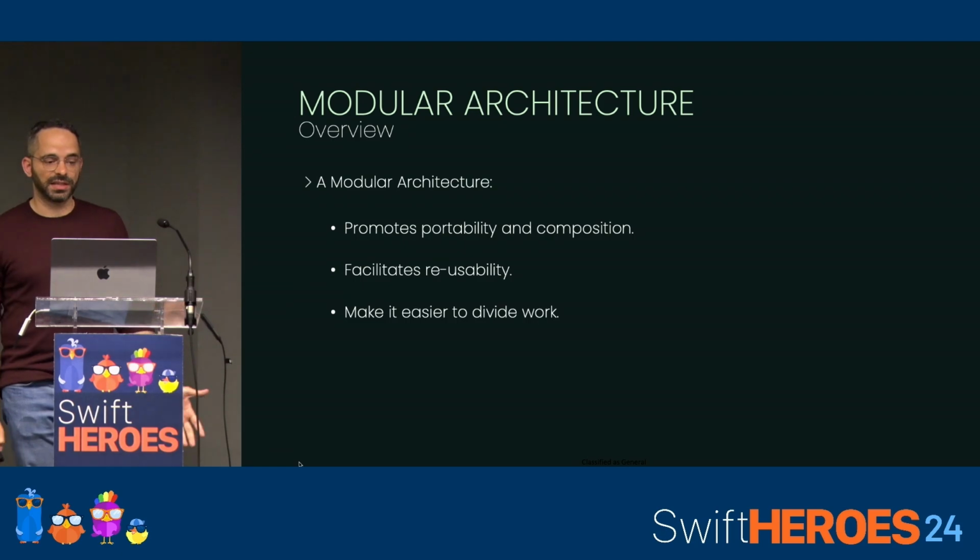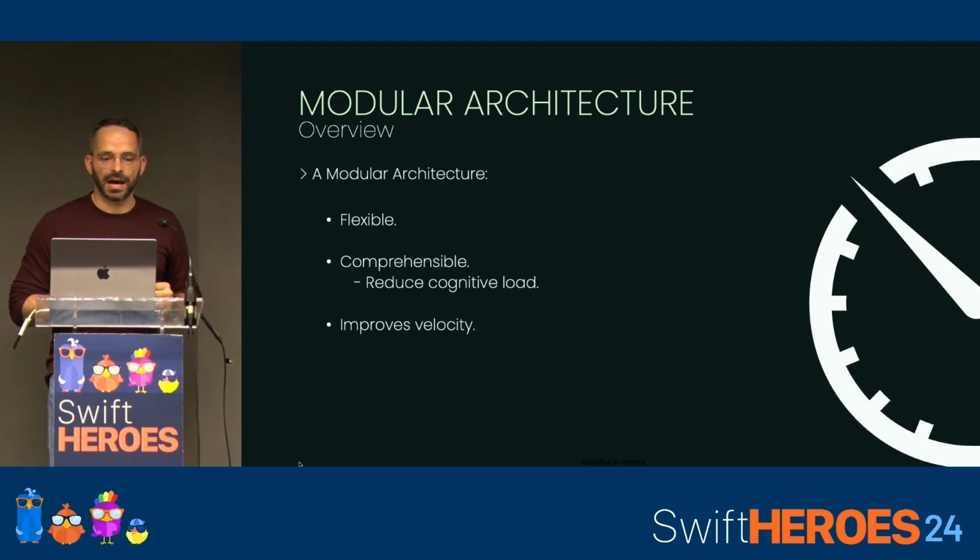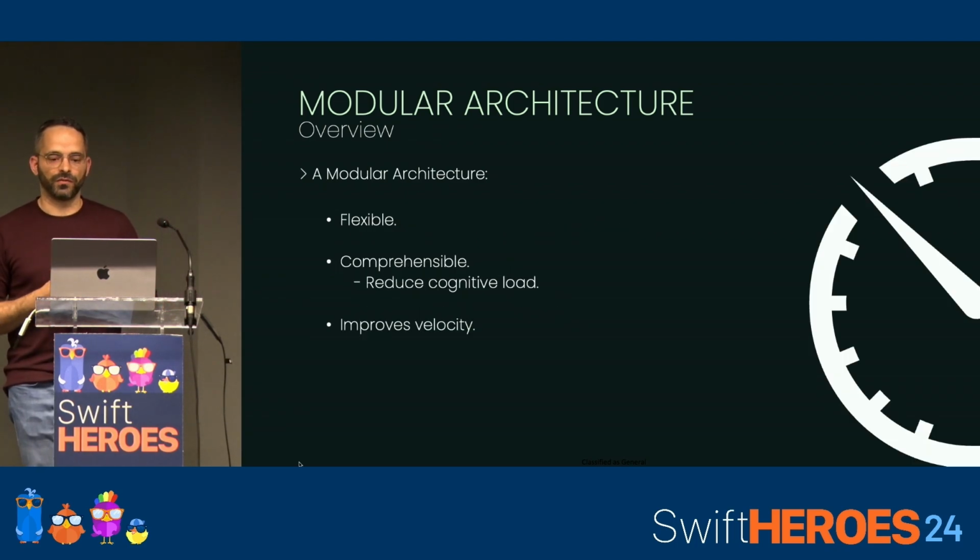A modular architecture promotes portability and composition, facilitates reusability, and makes it easier to divide work. Also, it should be flexible. So for example, if one module changes drastically, if it doesn't change any public protocols, it shouldn't affect any other packages. It should be comprehensible to reduce cognitive load.